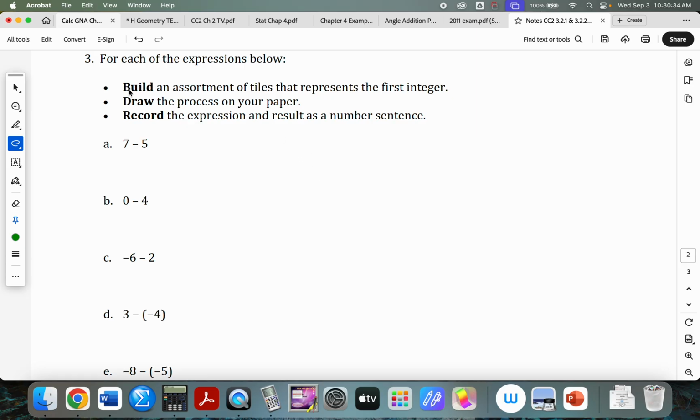So we're going to skip this. We're going to draw it, then we're going to record the expression and its result. So on this one, we're supposed to start with 7. That's 7 positives. And then we're going to remove 5 of them.